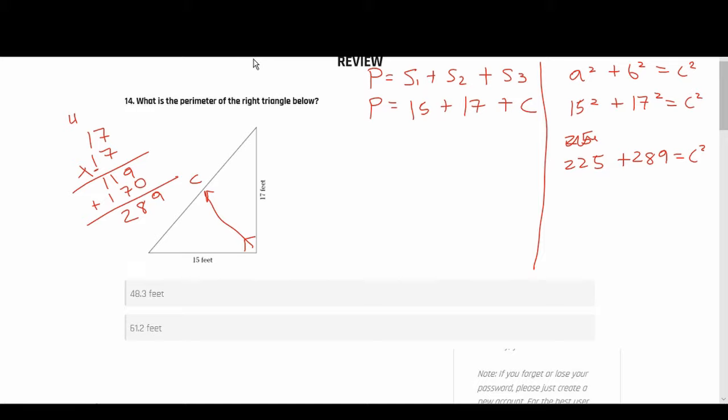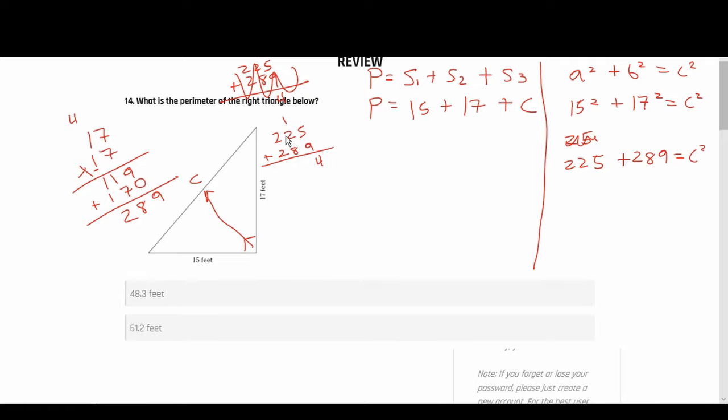Let's go ahead and add those together. Again, that's 225 plus 289. Okay, 9 plus 5 is 14. Carry the 1, and let me do this somewhere else since that's hard to see. 225 and 289. 5 plus 9 is 14.